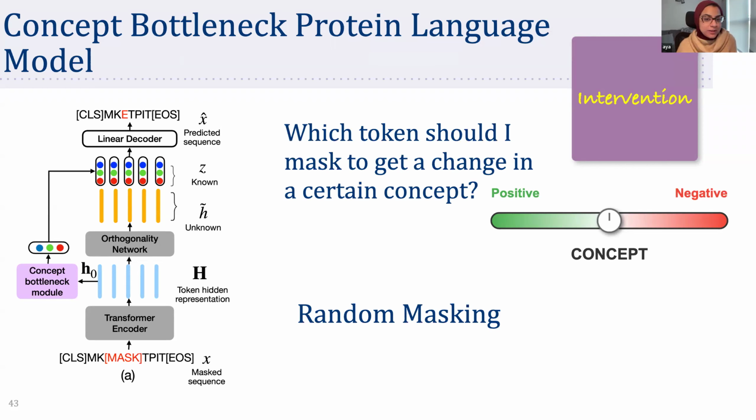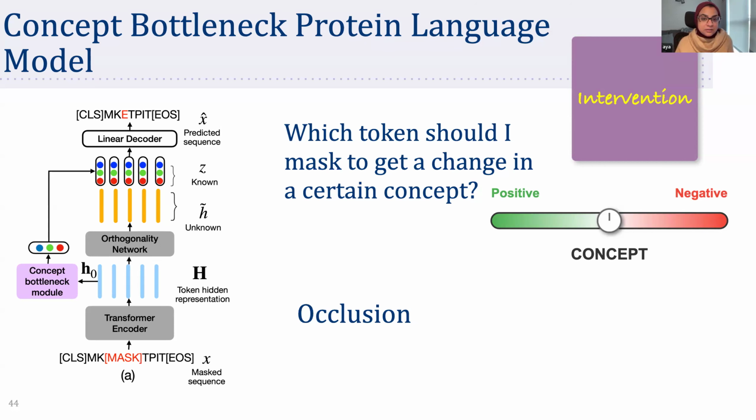One simple way is to randomly mask a token and then intervene on a concept. But the problem is, let's say you want to decrease hydrophobicity, and you randomly mask tokens that already have very low hydrophobicity. Changing these tokens won't decrease hydrophobicity. So random masking is not the right idea.